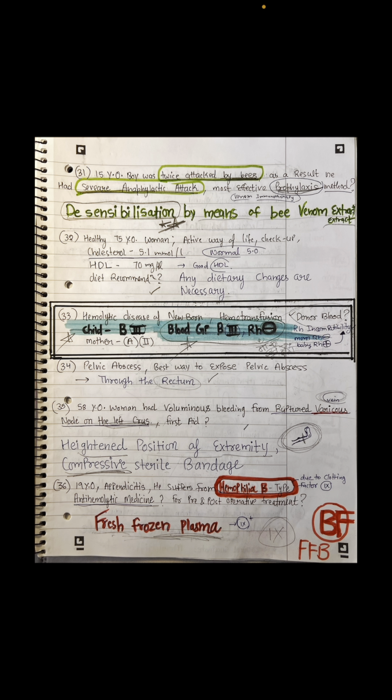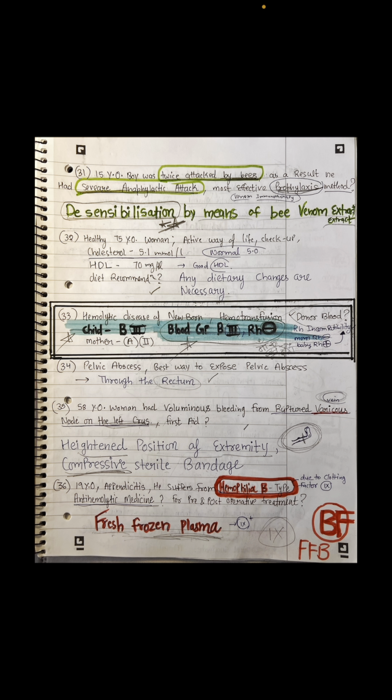Sir, what we are going to do in this one, we are going to extract the bee venom, and we will introduce the venom of the bee inside the patient in very very small doses, and we are going to check the immune response or allergic response next time.